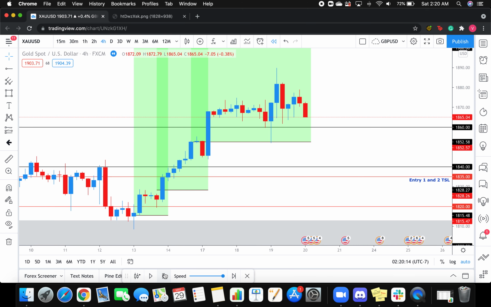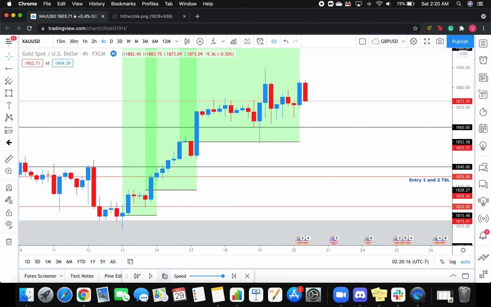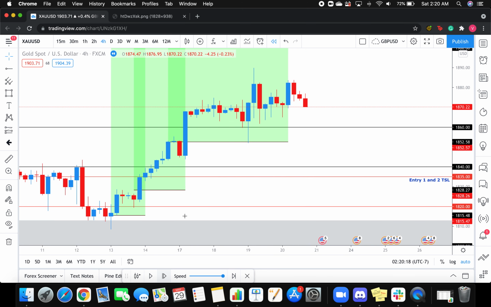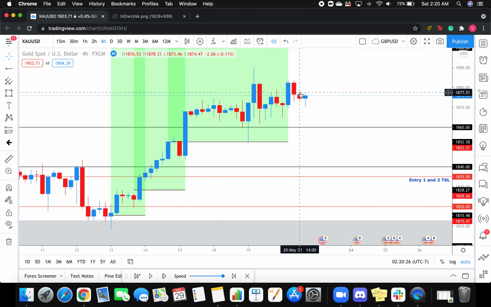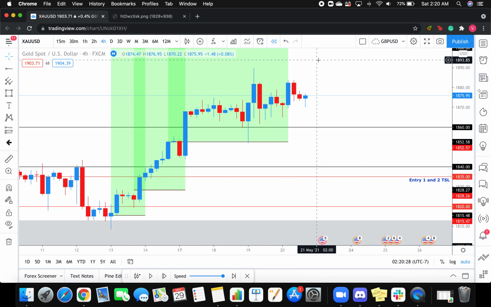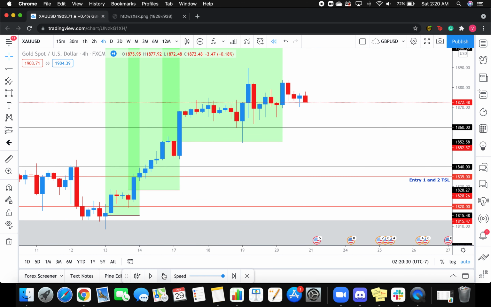So we don't trail our stop loss from the first two entries just yet, but this consolidation here, it's trending bullish, so it's still telling us that there's a lot of bullish momentum, but now the market is collecting orders before it continues up to 1900.